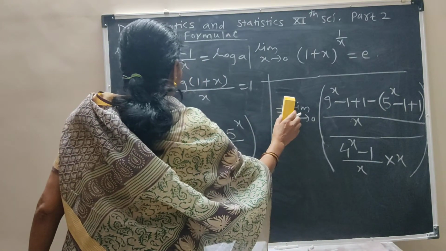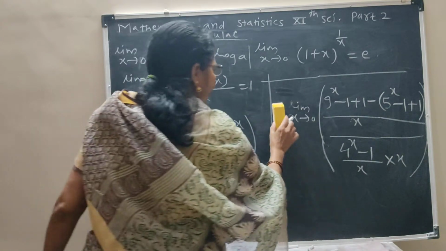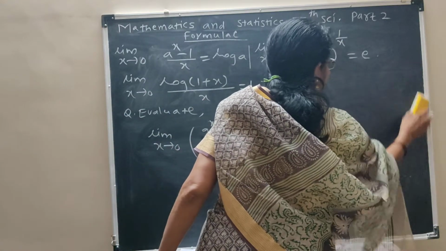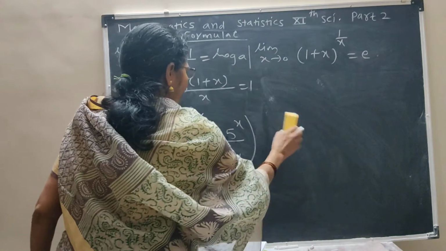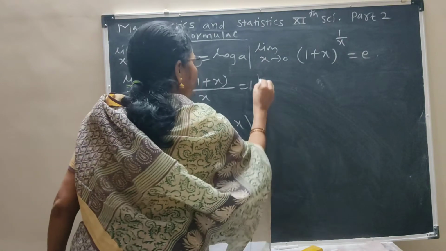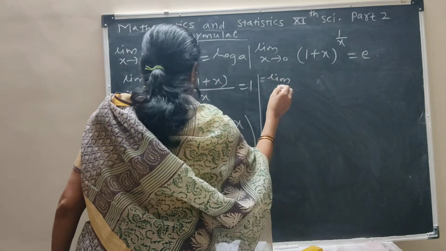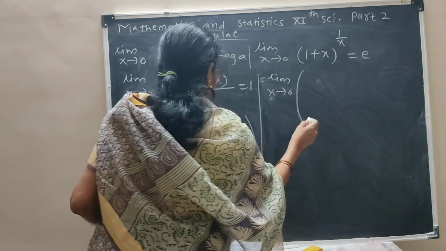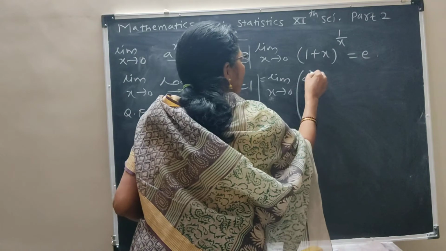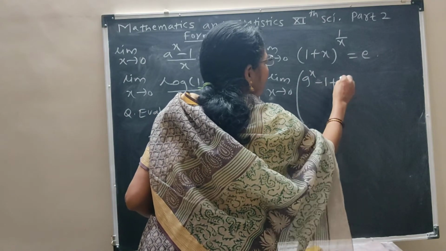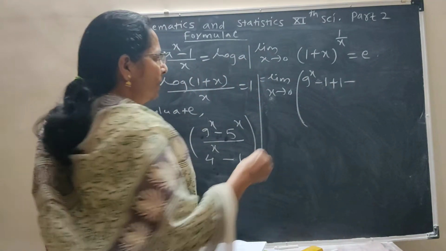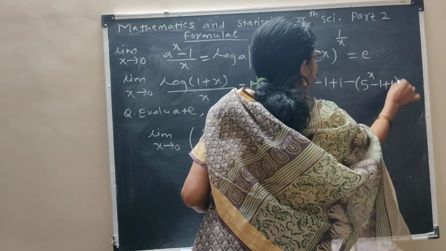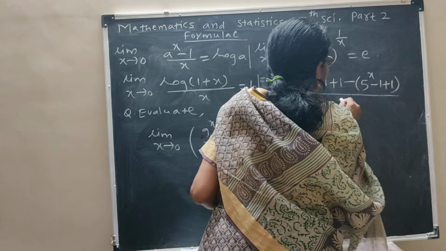See, we solve this question here. It is equal to limit as x tends to 0, in bracket, 9 raised to x minus 1 plus 1, take minus 5 raised to x minus 1 plus 1, take totally divide by x.